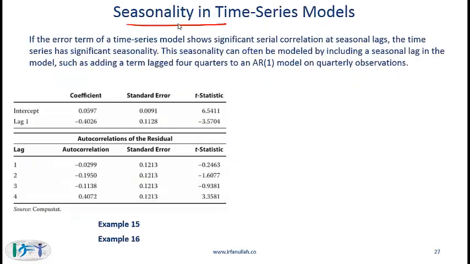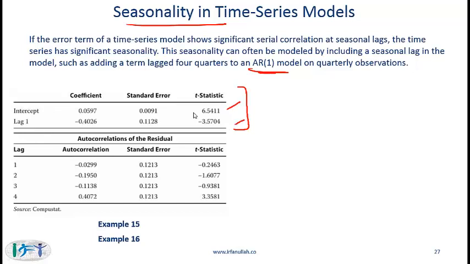Next point has to do with seasonality. Very often we have time series data where the data is seasonal. So let's say that we are looking at this information. We have an AR1 model. AR1 model means that we are regressing just with one lag. All right, do the t-stats here look good?